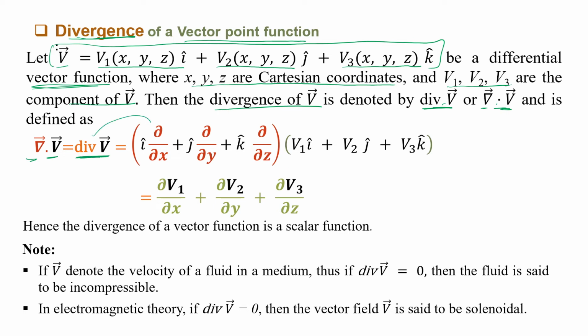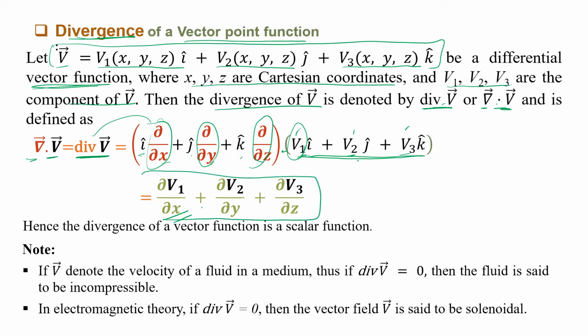So divergence is what? i del upon del x, j del upon del y, k del upon del z, dot the vector v. Here v1, v2, v3 are the components of the vector v. So when we take the dot product, i dot i we get 1, so del upon del x of v1 plus del upon del y of v2, j dot j is 1, and similarly del upon del z of v3, and k dot k is 1.